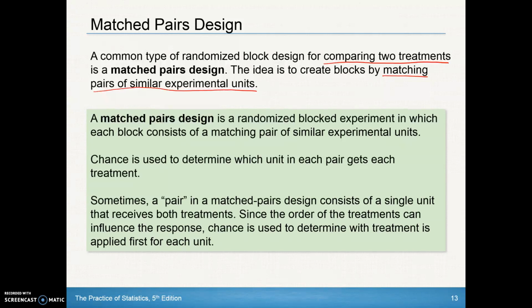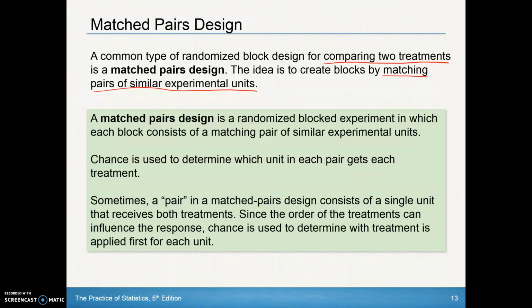Sometimes a pair in a matched pairs design consists of a single unit that receives both treatments. Since the order of the treatments can influence the response, chance is used to determine which treatment is applied first for each unit. Let's talk about this.